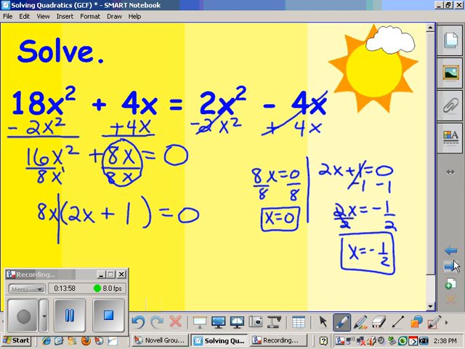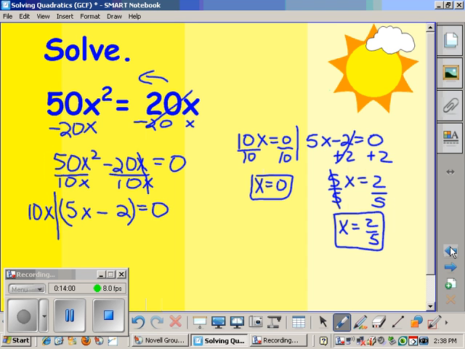So for example, if you look back to the previous problem, when it was in standard form, 50x squared minus 20x equals 0, when you're using the quadratic formula, you'd plug in 50 for A, negative 20 for B, and since there's no constant, you'd plug in 0 for C. If you plug those in the quadratic formula and solve that, you would get 0 and 2/5 for your answer as well. So the quadratic formula can be used to solve all of these, regardless of what terms are given for your quadratic equation.